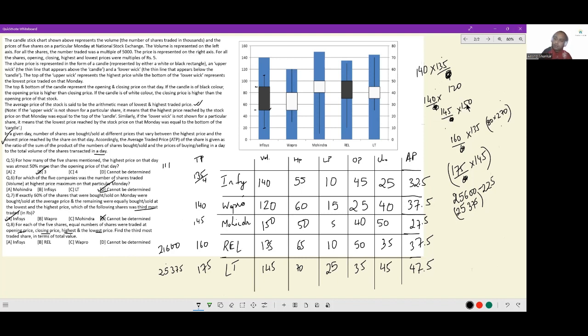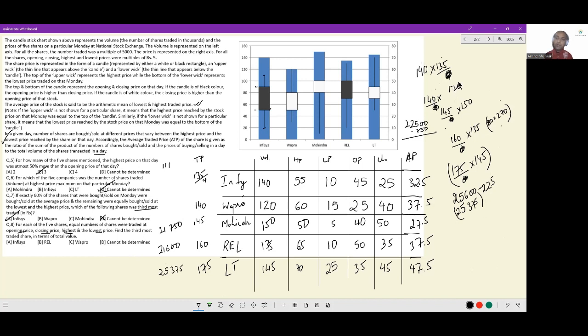For 145 into 150, what I can do is, I can do 150 into 150, 22500 minus 150 into 5, minus 750 we have to do. So we'll get 21750 for Mahindra.